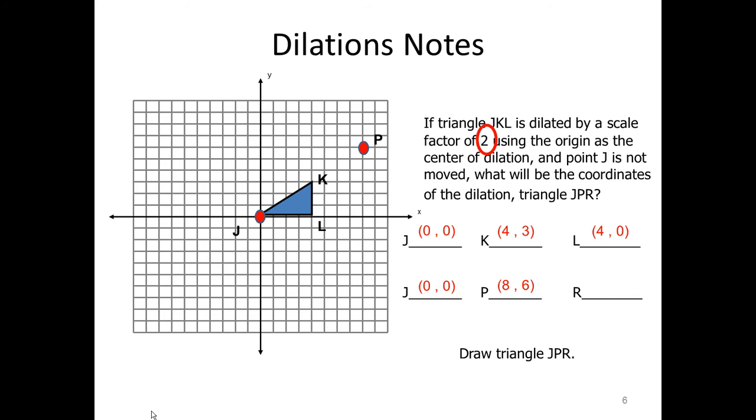The same thing with my L. 4, 0 is going to be twice as big, so 4 times 2 is 8, and 0 times 2 is 0, so R is the coordinate 8, 0. And then by finding the coordinates, you're just plotting those points. You join them together and you have your new triangle.